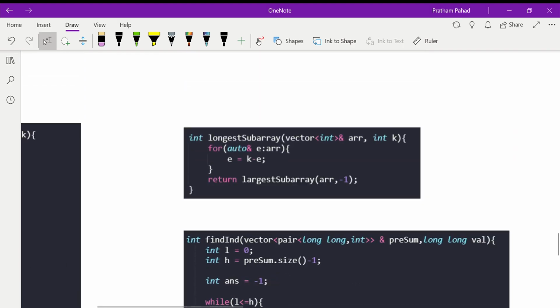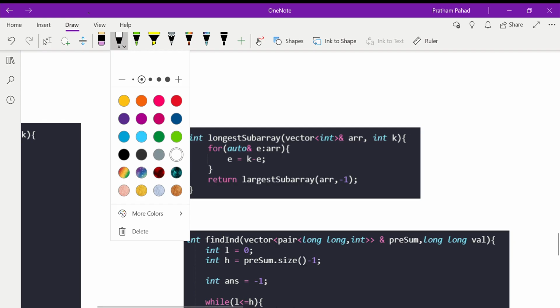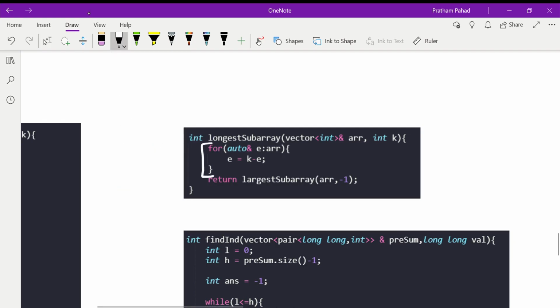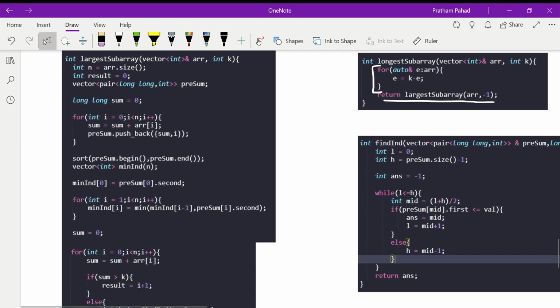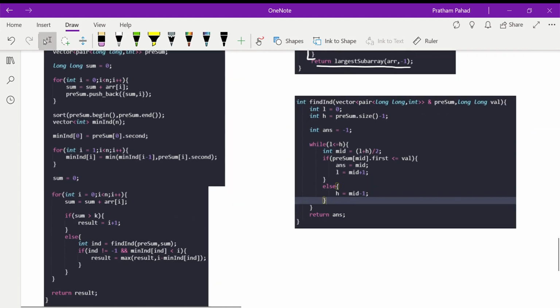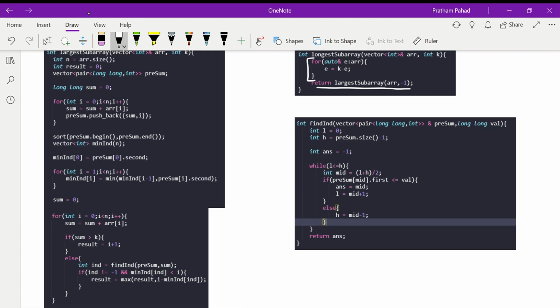So this was the first thing which we did. First, we subtracted k from each and every element, and at last we find the largest subarray which has the value greater than minus 1. After that, firstly we'll make pairs of prefix sum and our sum also.